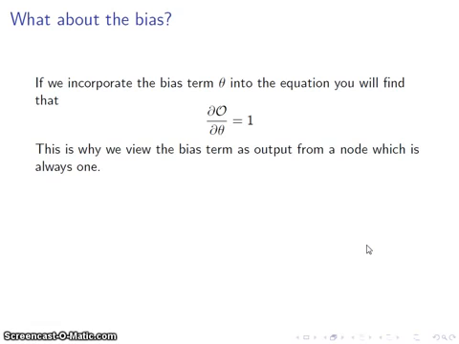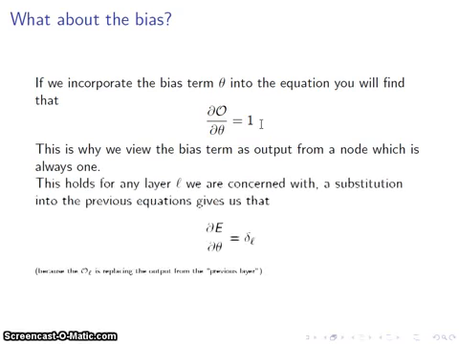So what about those bias terms, right? We need to incorporate the bias terms, which we called theta, into the equation to see how they affect errors too, right? Because they're part of it. You'll notice that the rate of change of the output with respect to the bias term is 1. Now, if you go back and plug all that stuff in, I'll go ahead and leave this to you.